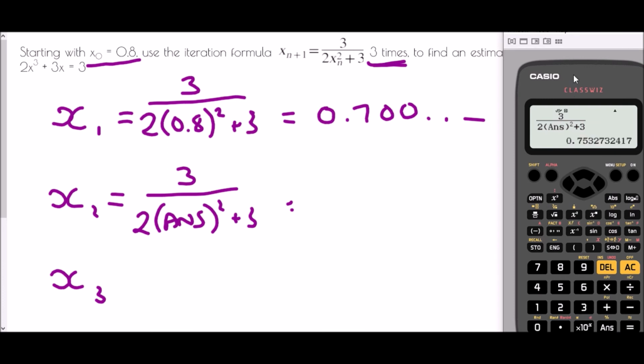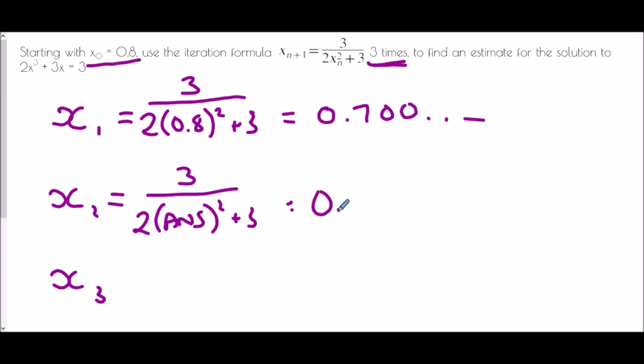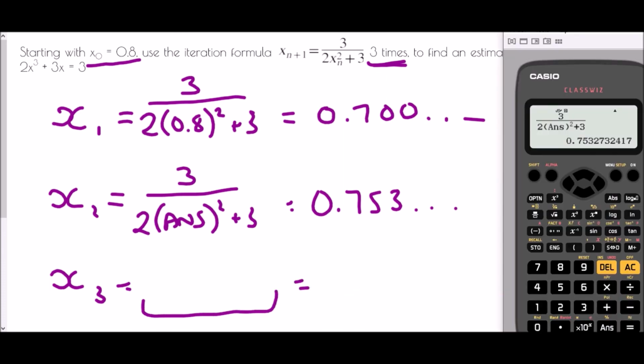In this case it's 0.753. And then we want to do the same again for our x3, and all we're going to do is press equals. And so we'll go back to our calculator, press equals again, and this time we get 0.7255.